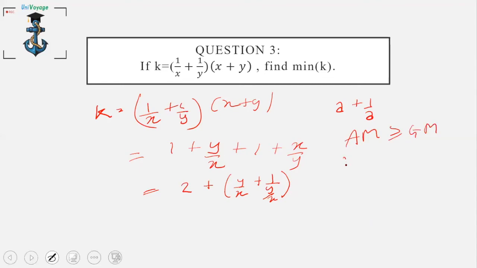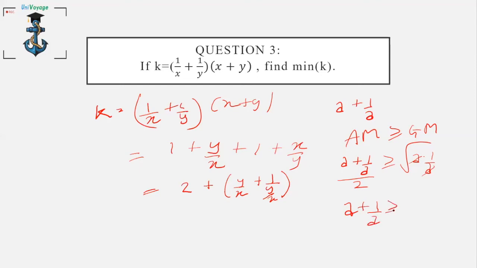So the sum of two terms, a plus 1 by a, divided by 2, is more than or equal to root of a into 1 by a, which gets cancelled. So here we have a plus 1 upon a is greater than or equal to 2. So the minimum value of a plus 1 by a is equal to 2. So we can write this as 2 plus 2, which should give you 4.